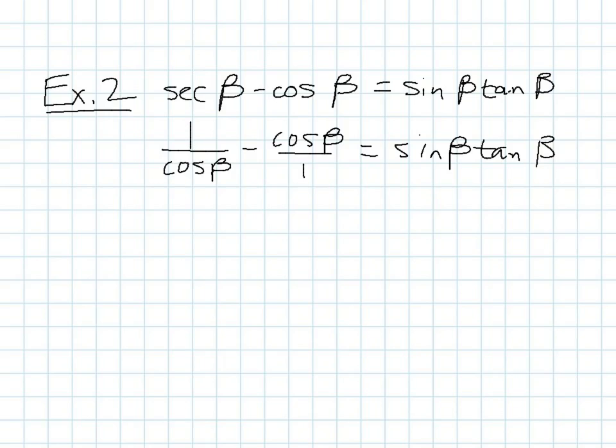So here I need a common denominator between cosine and 1. That's cosine, so I'm going to multiply top and bottom by cosine of beta. Then in the numerator I have 1 minus cosine squared beta over cosine of beta.